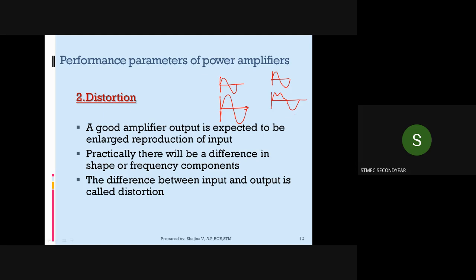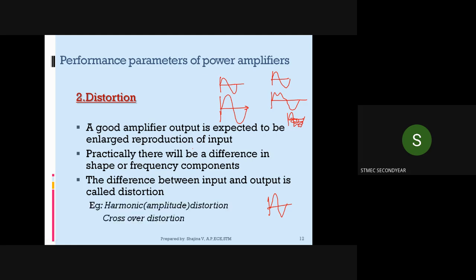Also, there may be frequency variations, that is, frequency increased or decreased. So if there is any variation in frequency or shape, we can say it is distorted. So the difference between input and output in terms of shape and frequency is called distortion.